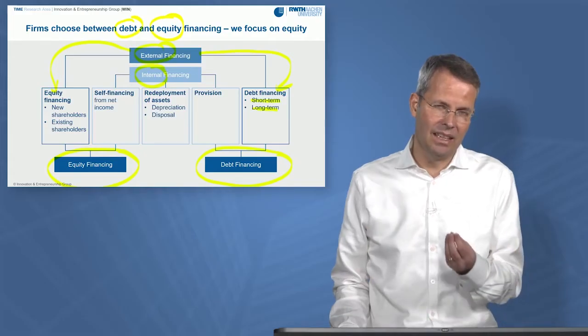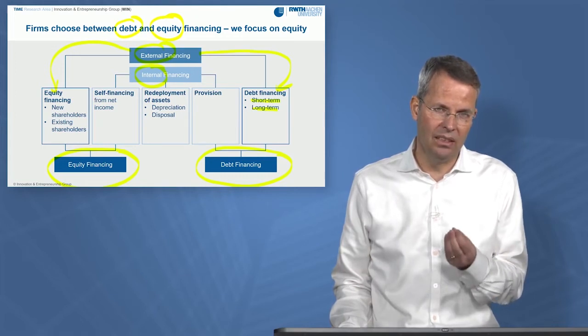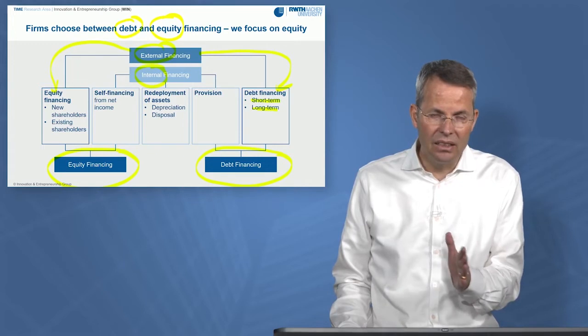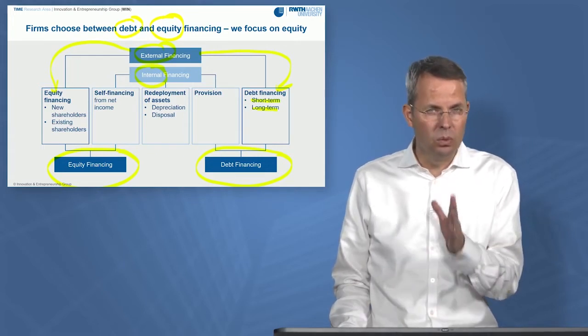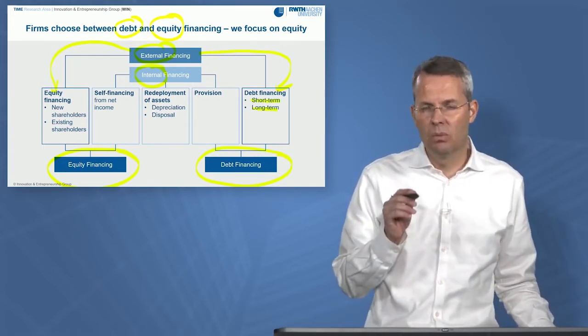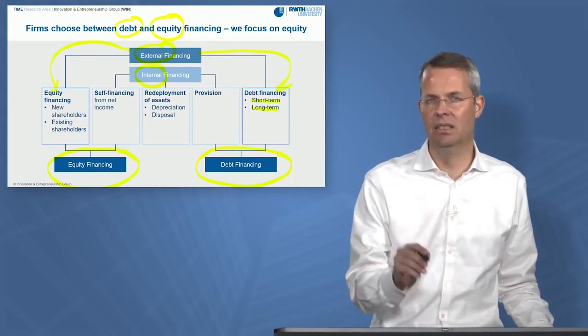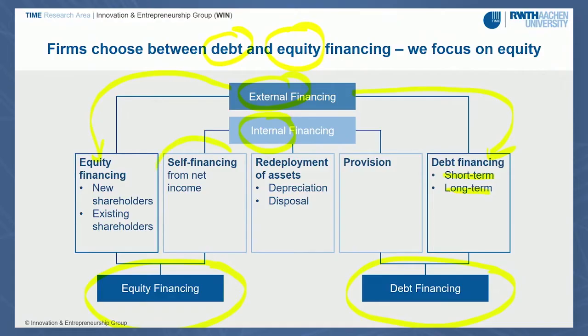But as an entrepreneur, don't forget internal financing. Most of the internal financing instruments don't work for entrepreneurs, but one might work, and don't forget it, because it's the best money you can have: customer money, self-financing. If you can sell something to the customer and make money by that, that's the best money. Why is that the best money?